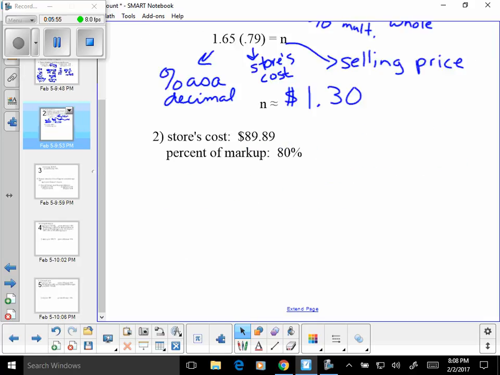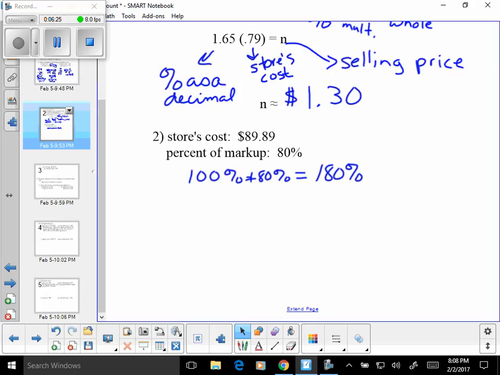Let's look at example 2. The store's cost is $89.89. They are going to put an 80% markup to that. So remember, we're going to take the 100% plus the 80%. So our percent that we're going to use in the problem is 180%. Now, usually we do that mentally, okay?